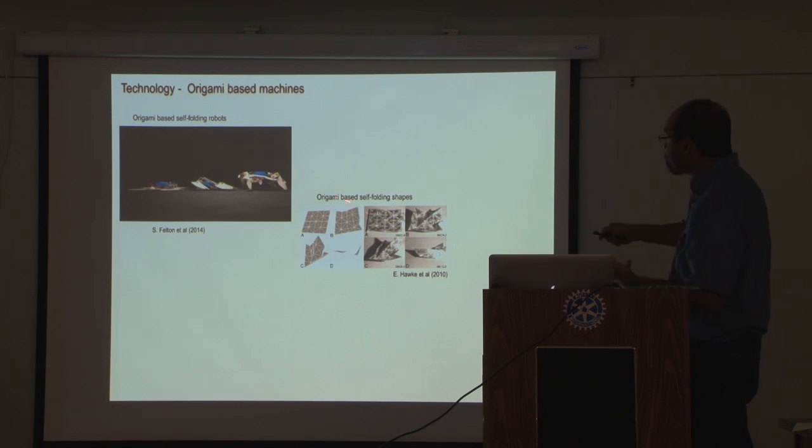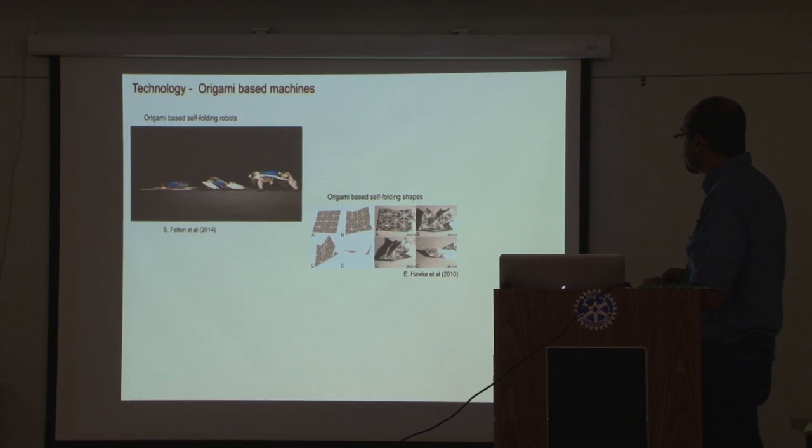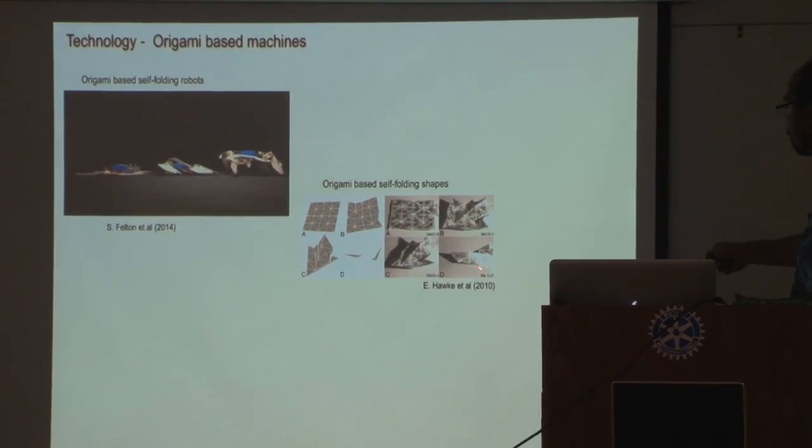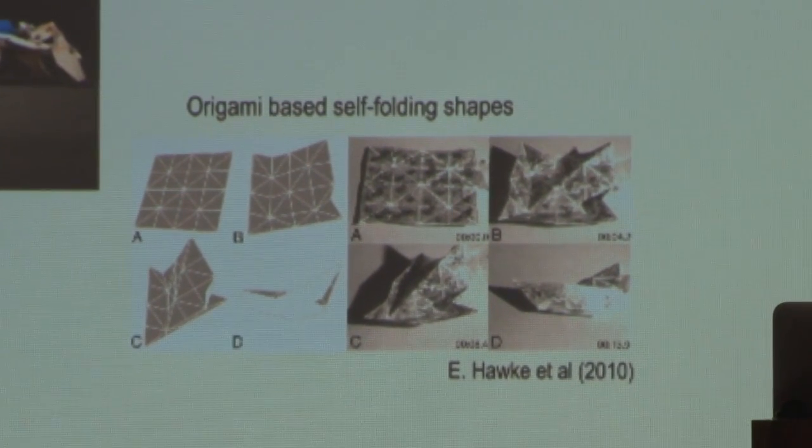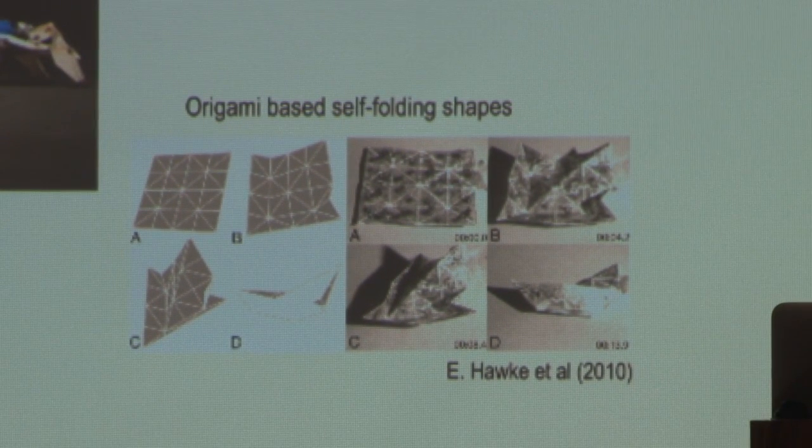And if you program it appropriately so that certain folds appear first and certain folds appear second, this flat sheet of paper will fold itself into a boat. Okay? This is also recent work coming out of Harvard and MIT from different groups.